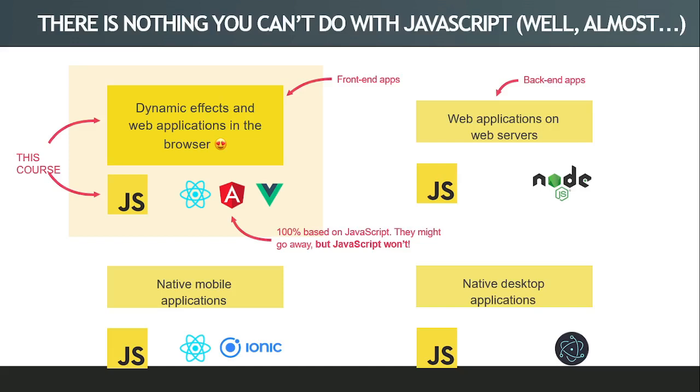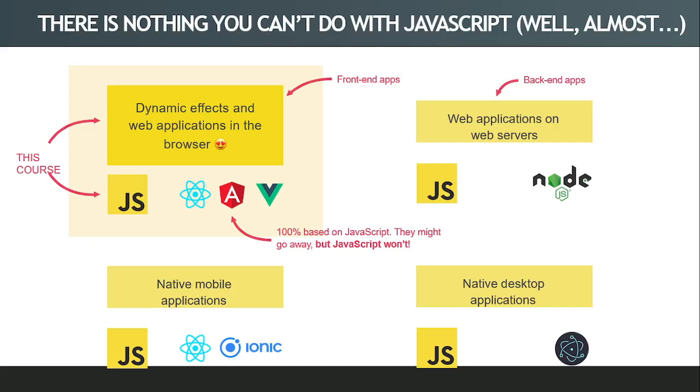Then if you want to develop mobile apps, we have JavaScript frameworks for that. For instance, we have React Native, which is the most trending one, and we have a course about React Native on our website.